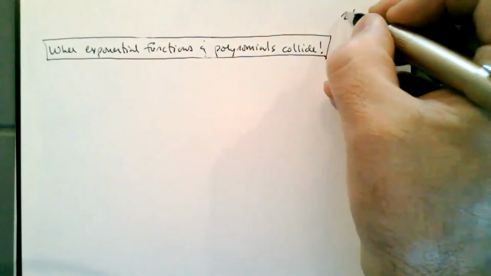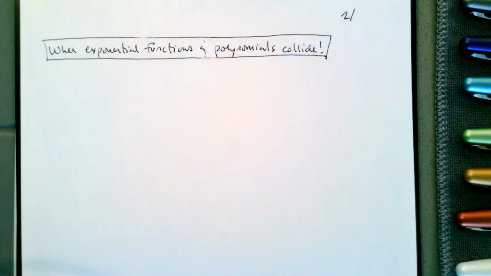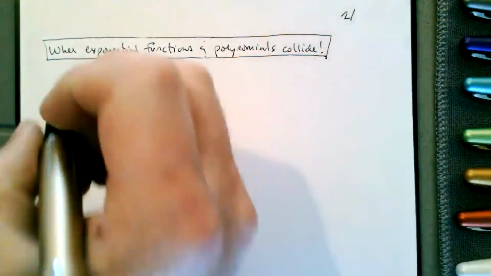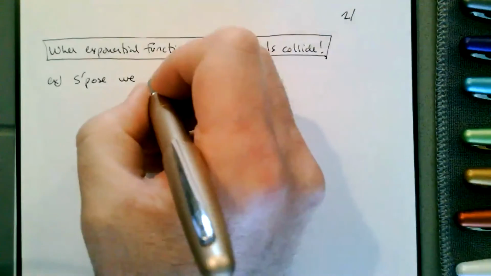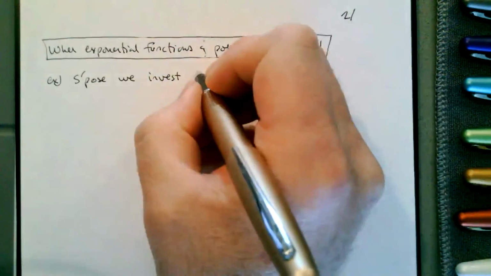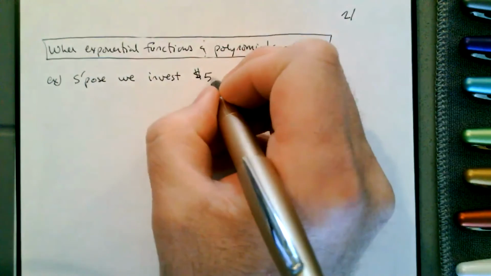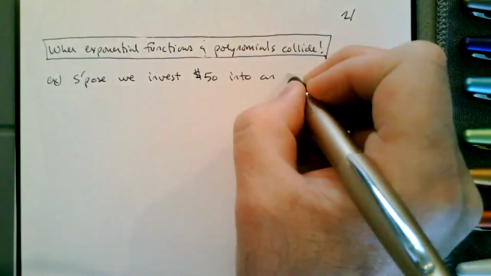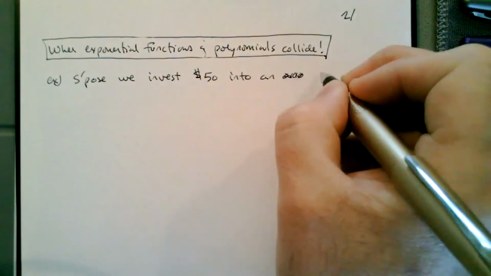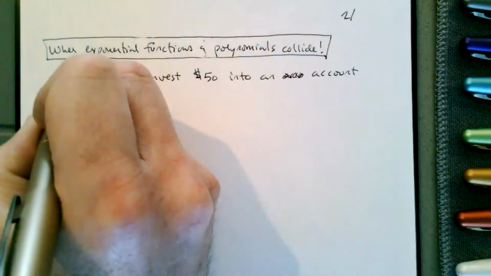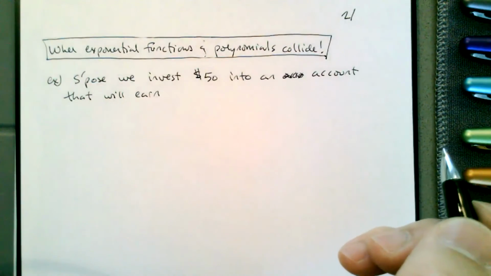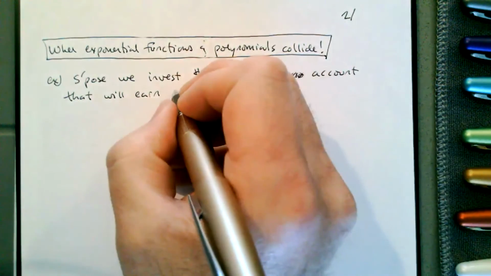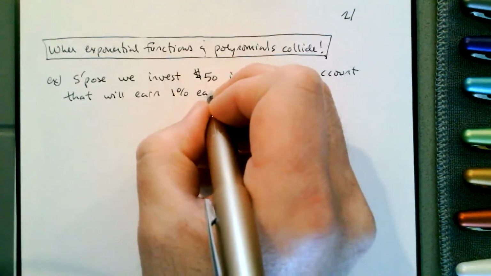So we're going to set up a simple scenario. Let's suppose we are going to invest $50, something simple like $50, into an account that earns, now this is going to be a lot of interest to keep the numbers simple, that will earn 1% each month.